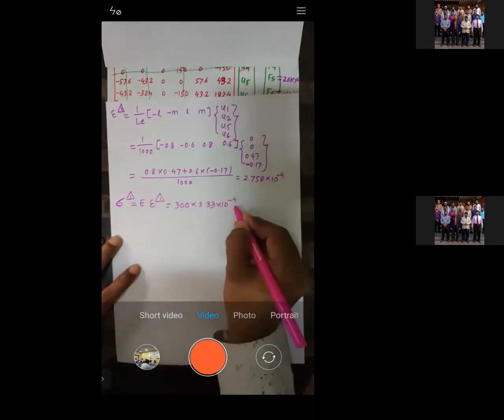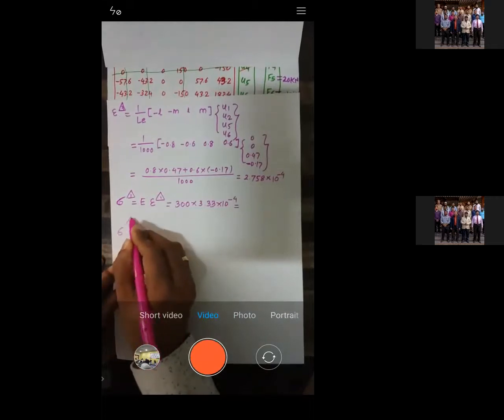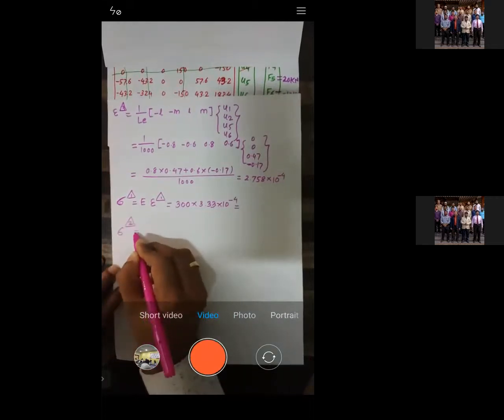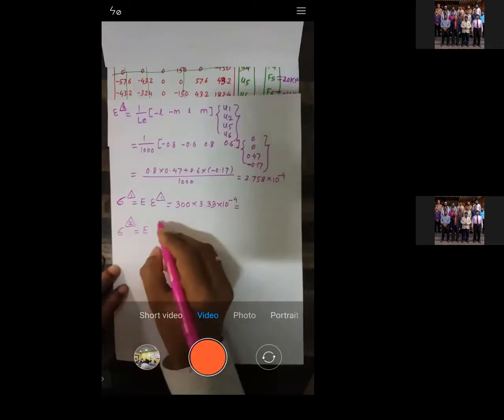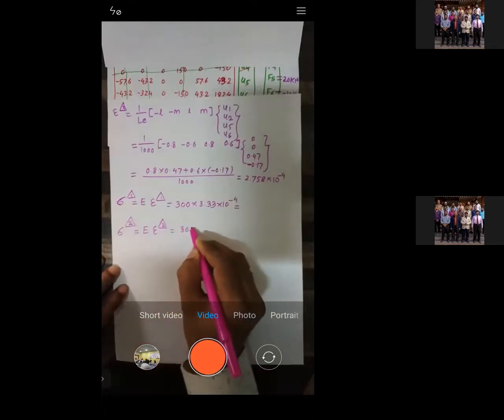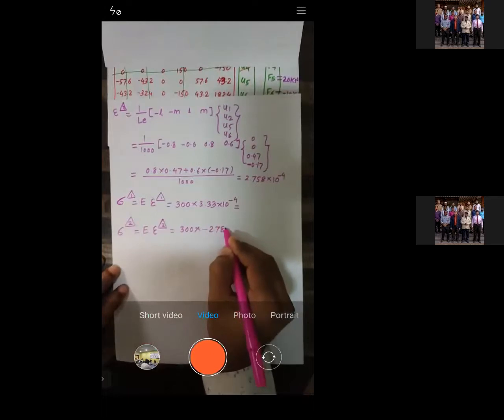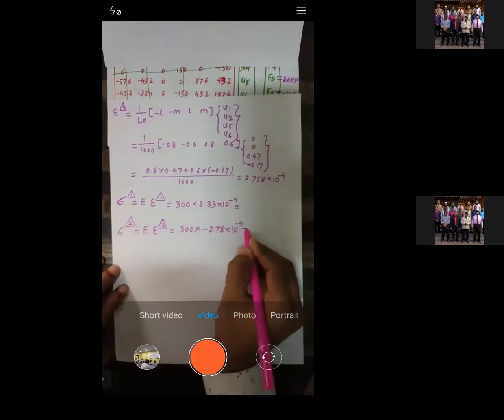Similarly, the stress induced in element number 2 is E into strain in element number 2, so 300 into minus 2.78 into 10 raised to power minus 4.